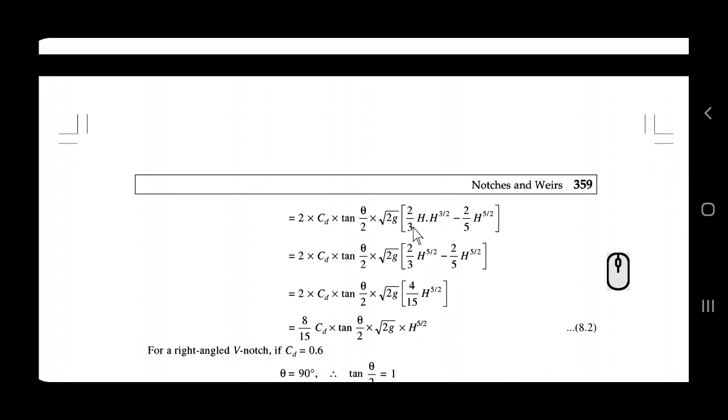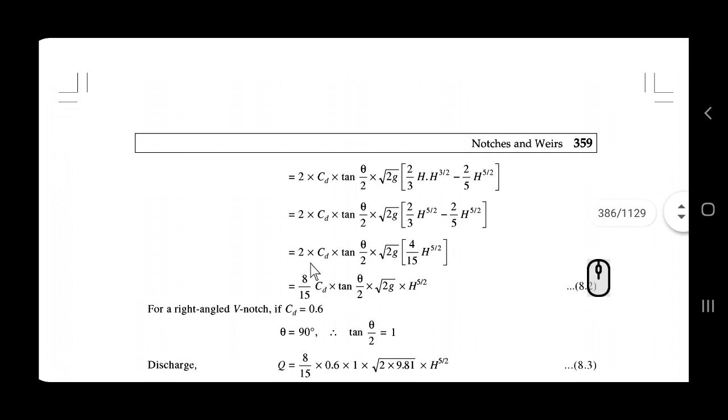So H raised to 1 into h raised to 3 by 2, add these terms, 1 plus 3 by 2. So we will get H raised to 5 by 2, that is 2 by 3 H raised to 5 by 2 minus 2 by 5 H raised to 5 by 2. Subtracting this value, that will become 4 by 15 H raised to 5 by 2.